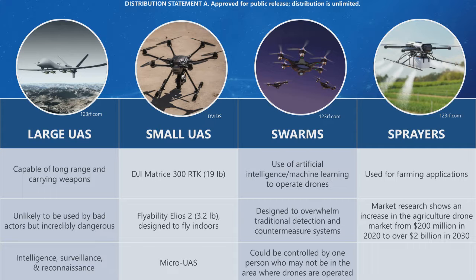I know if I was in a crowd of people and a drone flew overhead and sprayed something on me, that's the last place I'd want to be, and I would try to get out of there. That could create some panic. Some market research I came across showed an increase in the agriculture drone market from $200 million in 2020 to over $2 billion in 2030. That's just an estimate. It could be much higher than that. I feel like it very well could be.